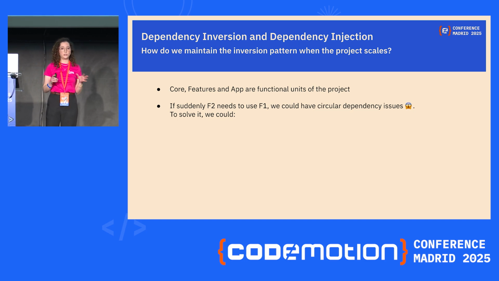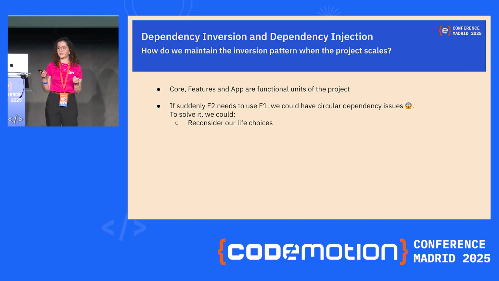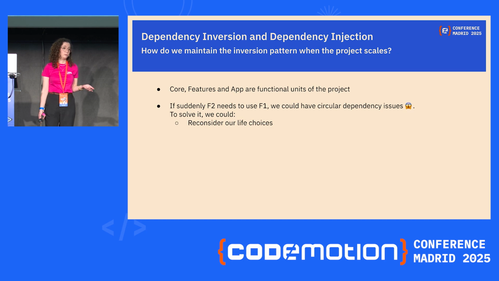You could have many solutions to this. One of them, to reconsider your life choices. I'm not saying it like a joke, but it sort of is. But really ask yourself, does feature 1 really need feature 2? Does feature 2 really need feature 1? Maybe the answer is no. Sometimes the answer is no. And boom, that's solved.